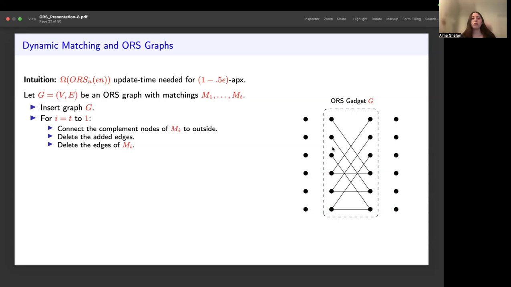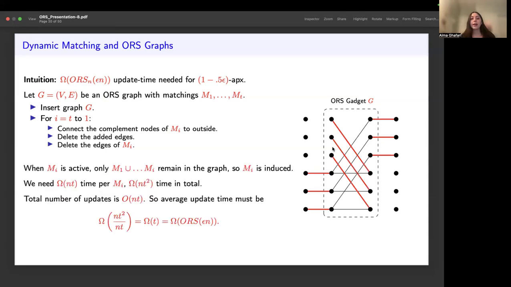And then the adversary goes on and removes all the edges and does the same thing for another matching in the ORS gadget. What we need to do is at each time go through all the edges of the ORS gadget, and we have to spend NT time because we have T matchings, we have almost NT edges.